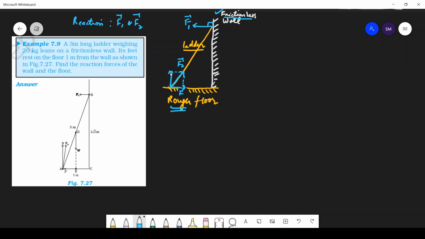And what is this force? This force is perpendicular to the surface, so this is the reaction force, that is the normal force, we can call it N. So this F2 is resolved in two components, frictional force and the normal force. And here we have only normal force because the wall is frictionless.